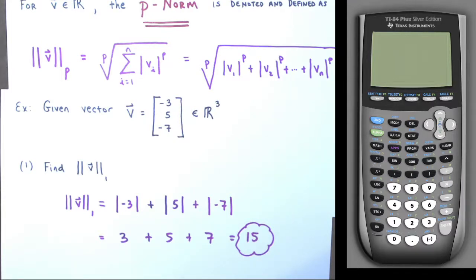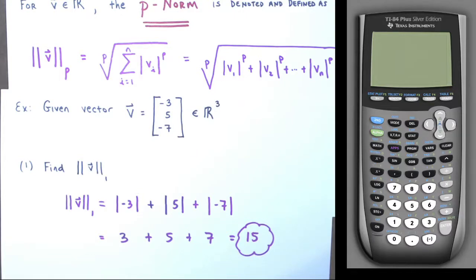It's that simple. This is sometimes referred to as the Taxicab norm or the Manhattan norm. If you want, take a look up Taxicab Geometry. This is a norm that is very useful when talking about distances between points in Taxicab Geometry.